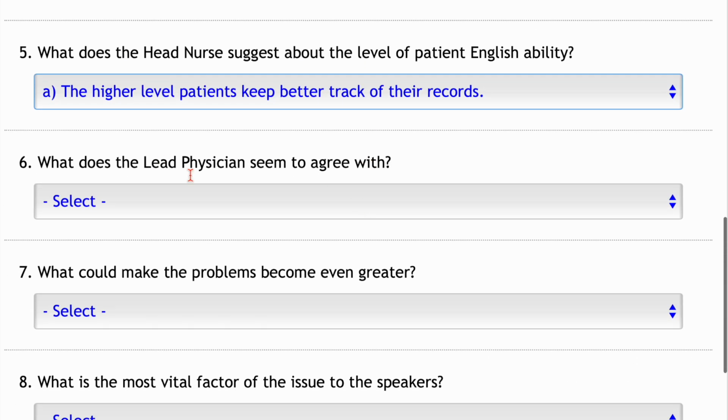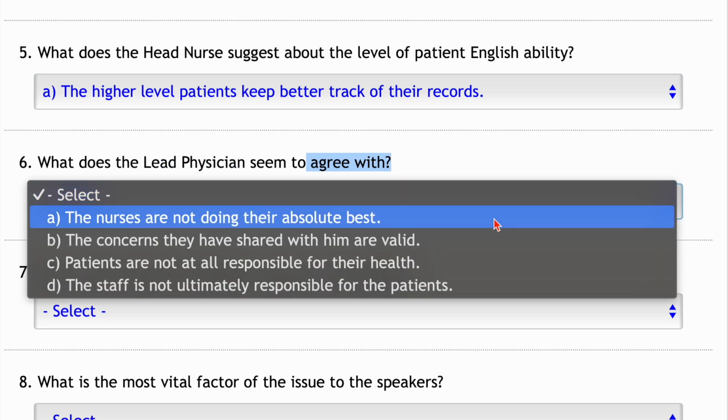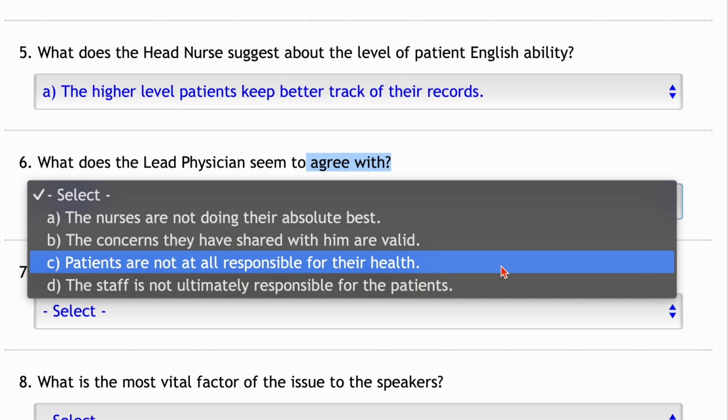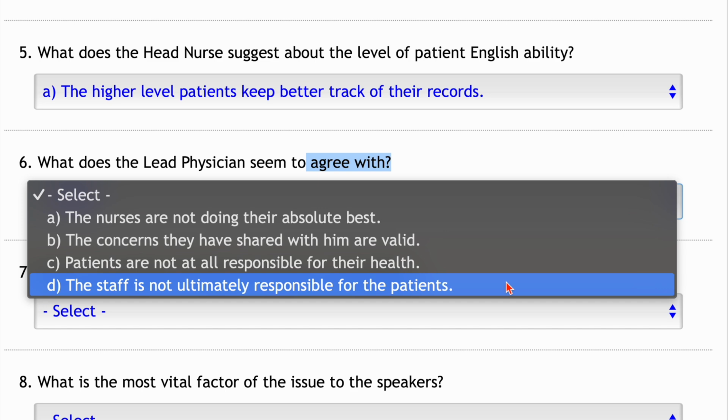Number 6, what does the lead physician seem to agree with? So what does he agree with? The nurses are not doing their absolute best. The concerns they have shared with him are valid. Patients are not at all responsible for their health. The staff is not ultimately responsible for the patients.